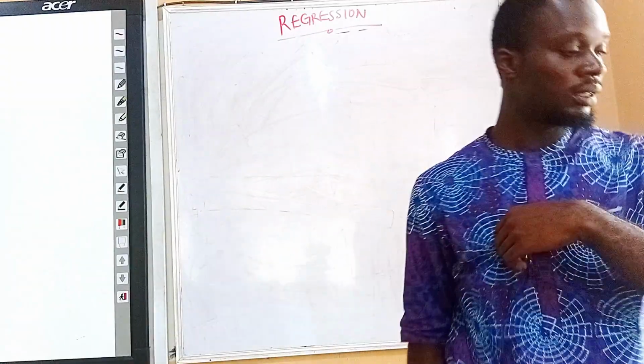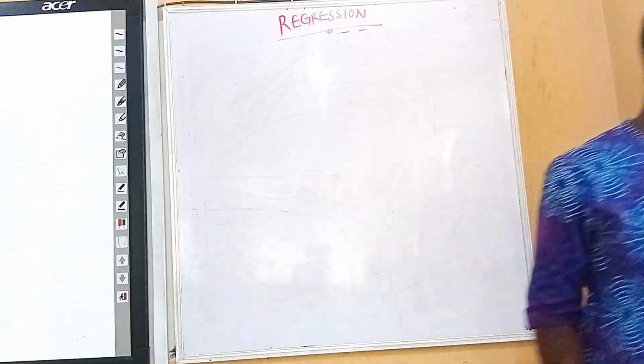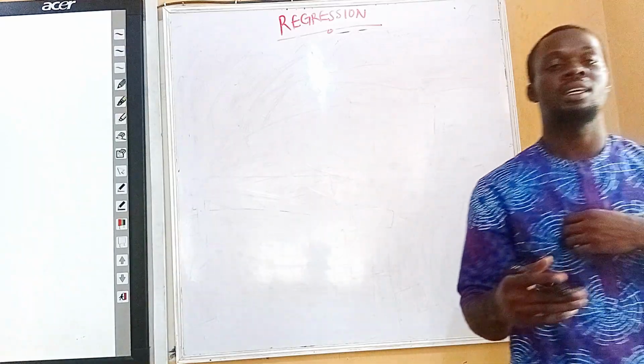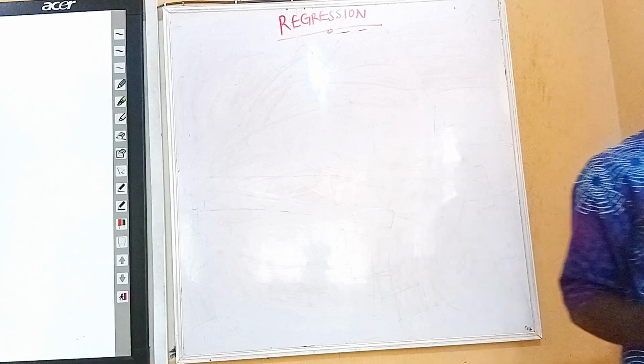The next aspect of regression is interpreting the result. Once you get the results, you want to know why the result is in the format that it is.